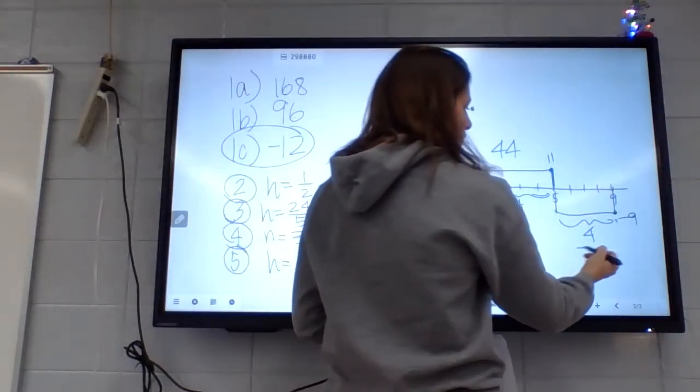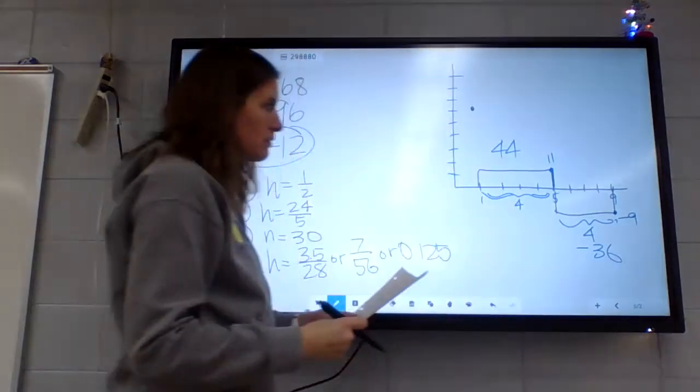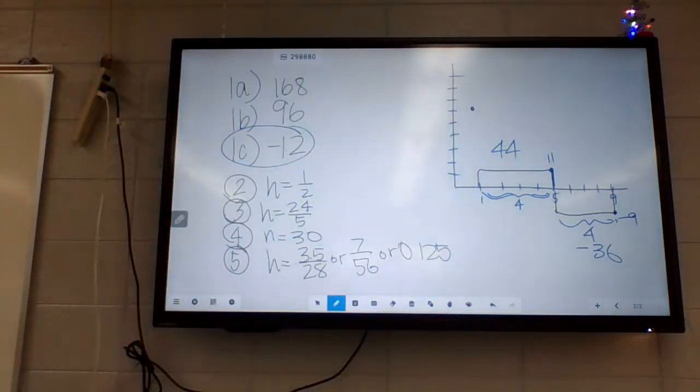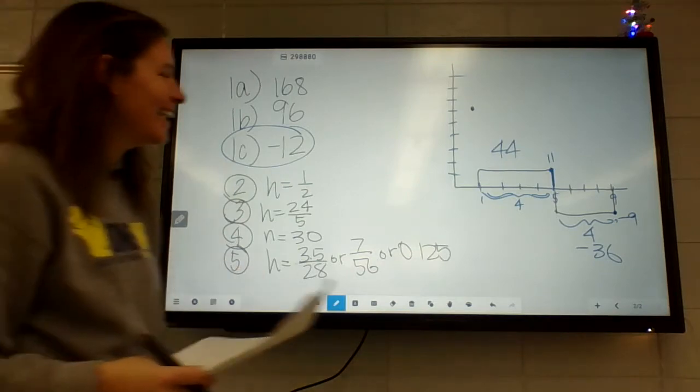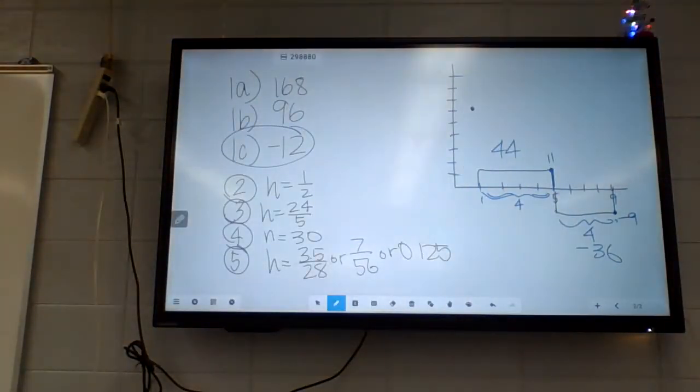And then negative 36. So that's why I'm wrong. I accidentally multiplied. I'm wondering if I was looking at 4. I don't know what I was doing. But, so positive 8. Is that what we did? Okay, thanks.